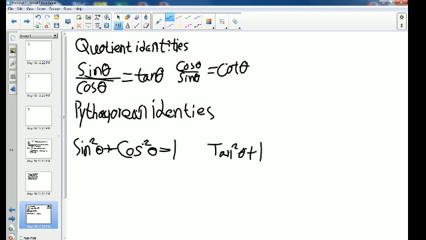So this is a totally new identity for the Pythagorean, equals secant squared. Don't ask me how, that's just how it works. And you can apply this to actual problems, which I will show. And then you have 1 plus cotangent squared equals cosecant squared.